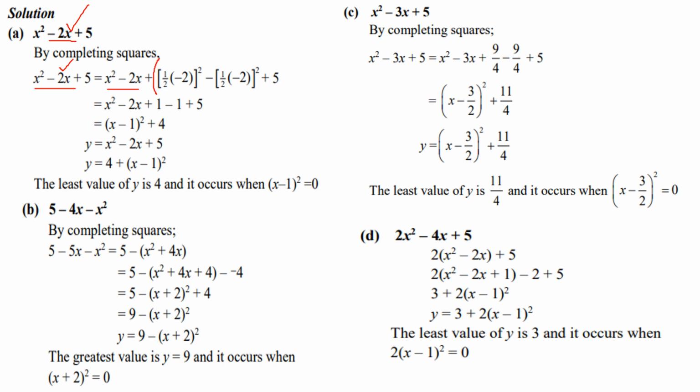You have the coefficient of x, which is negative 2. It's halved, and then after you square it, you add it and then you subtract it, so that the question is not changed. And then plus 5, which was already present in the question.